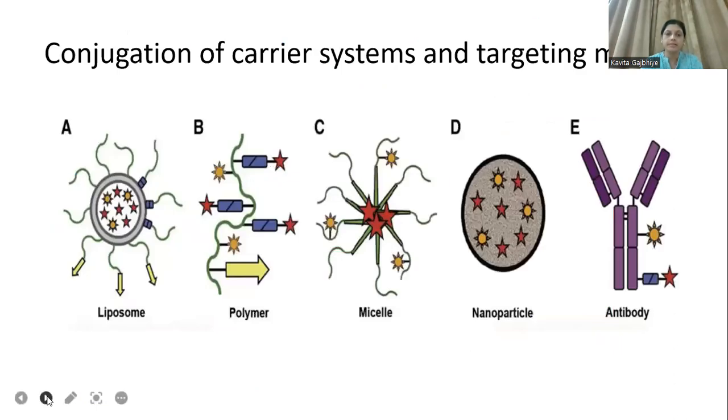These are a few examples of carrier systems. Over the surface, various types of linkers are available, which are useful for attachment of a specific kind of ligand, which would be useful for proper attachment with the receptor moieties.